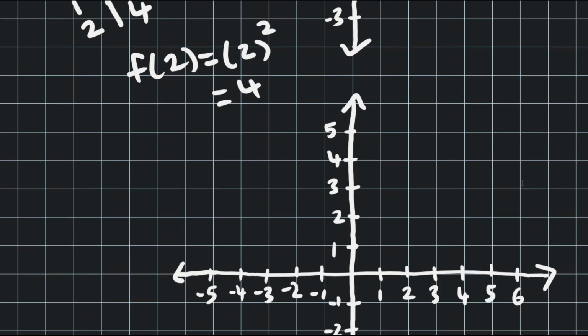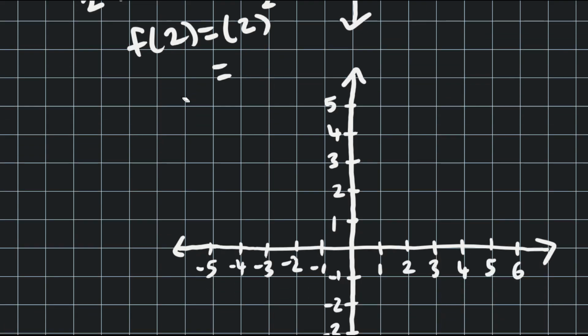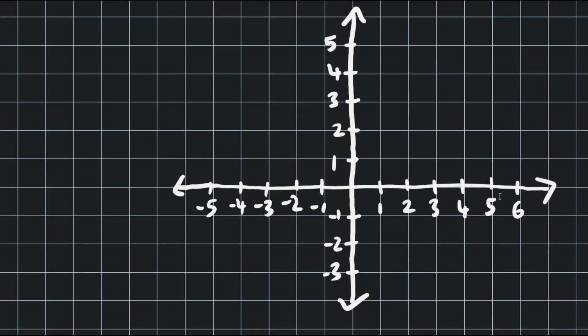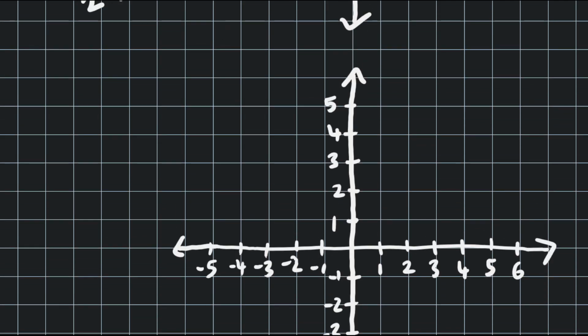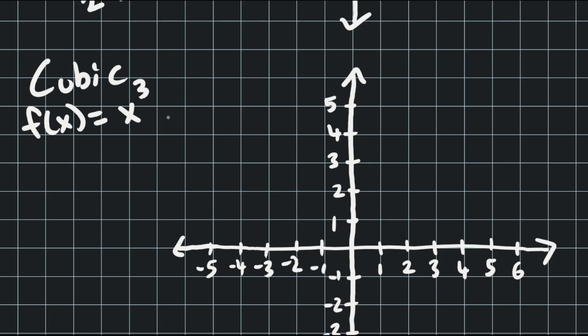So let's move on to the next type of function. Let's get rid of this. Just clean this up. Okay, so the next type of function is called a cubic function. So this is a cubic function, and it takes the form f of x equals x cubed, x to the third power.